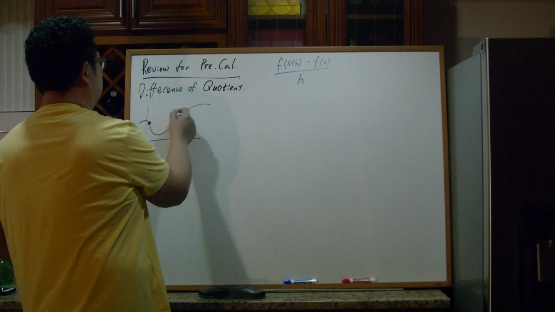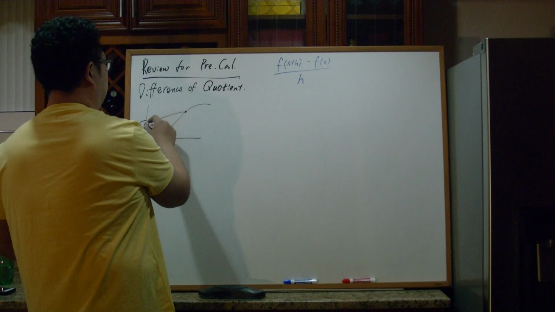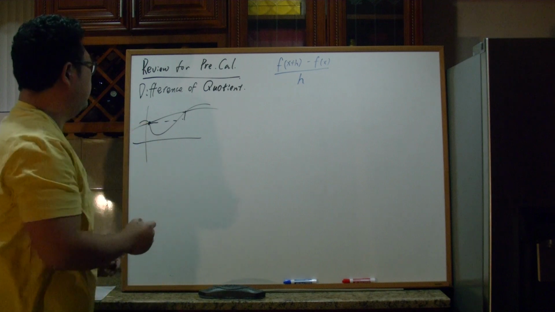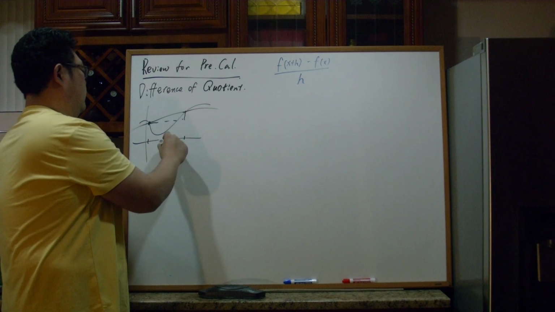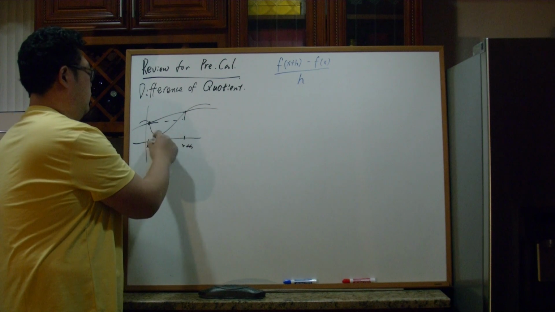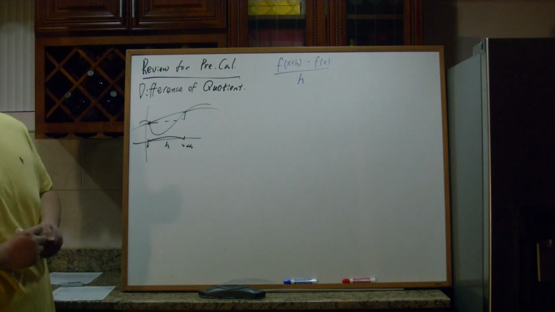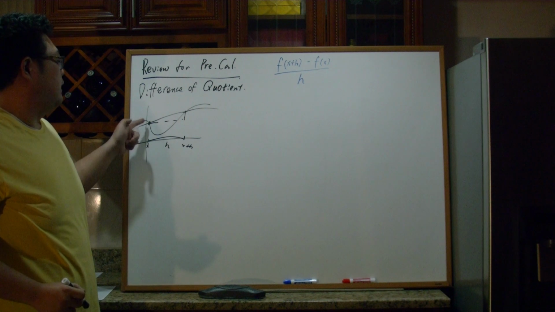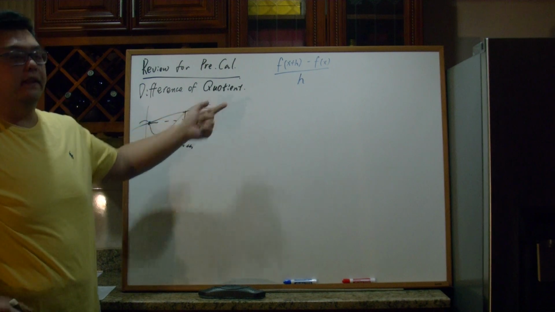The difference of quotient is important. When the h is large, from the arbitrary variable x, we are forming a secant line.